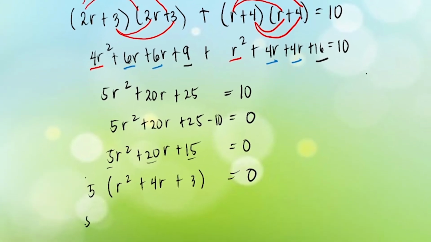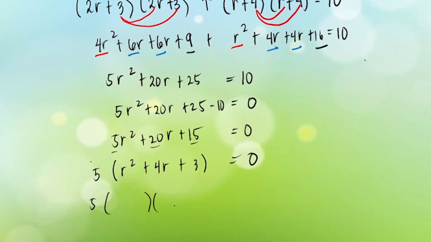Let's continue. We have 5 times, and we have to allot 2 pairs of parentheses for the factors of r squared plus 4r plus 3. So now, we're going to look for the factors of 3. The value for A is 1, and we have C which is 3. So A times C, which is 1 times 3, equals 3.